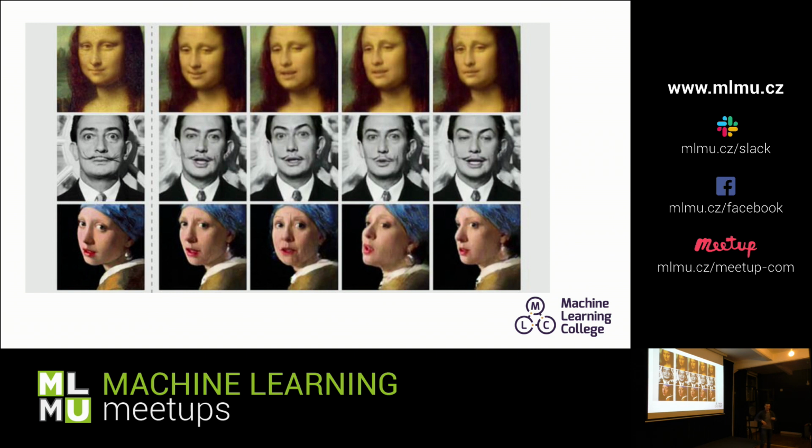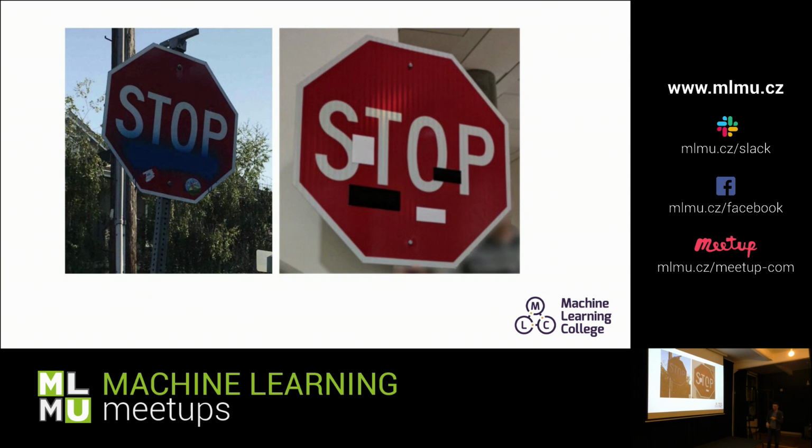We are not used to the fact that such methods exist to make those kinds of attacks. The last example I would like to show is back from classification and object detection tasks. I already told you that self-driving cars use a lot of deep learning in their engines, and nowadays it's quite popular to create adversarial attacks, which are those small stickers on this stop traffic sign.